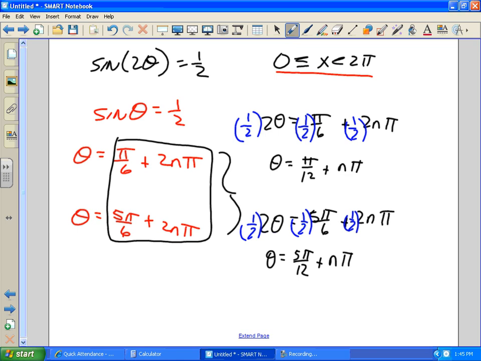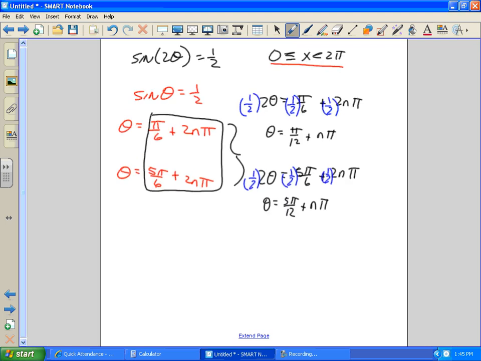But I only want the answers between 0 and 2 pi. So I need to take my answers and add pi to them until I get a number that's out of range. So I'm going to start with pi over 12. Pi over 12 plus pi is really 13 pi over 12.